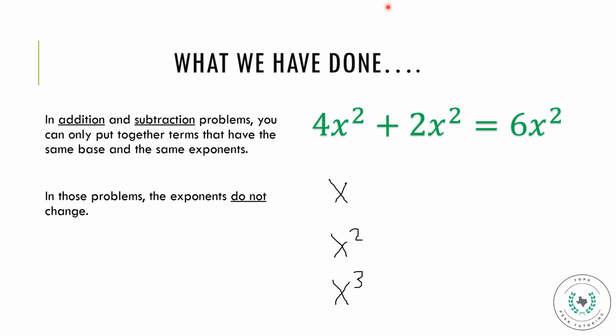It's what we call like terms. So here, we're adding 4x squared and 2x squared to get 6x squared. These both have x to the power of 2 in them, and so does the final sum, because they are like terms. So in these addition and subtraction problems that you've done in the past, the exponents do not change. They stay the same. Okay?